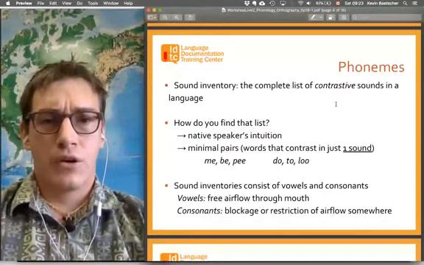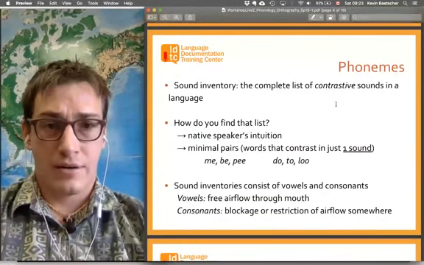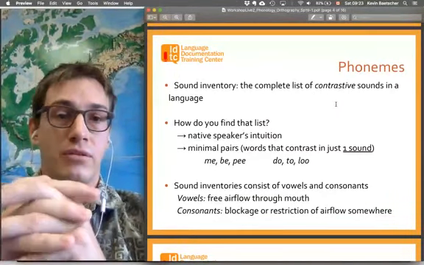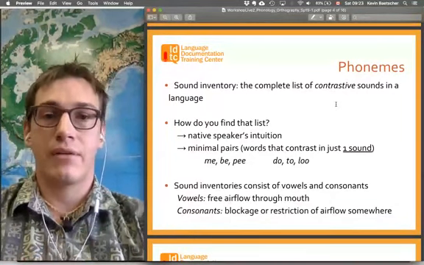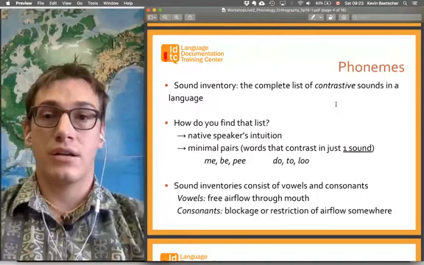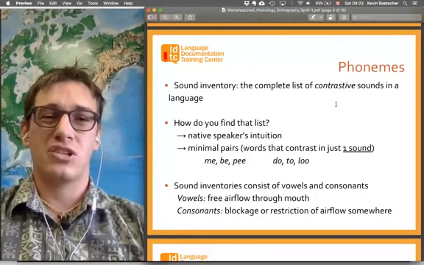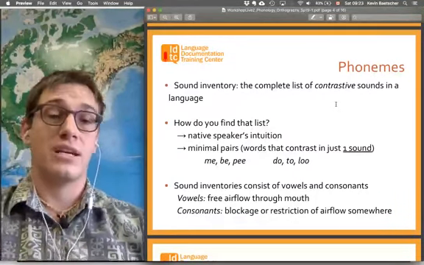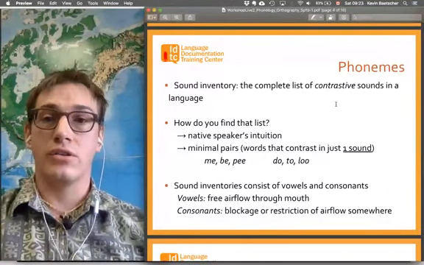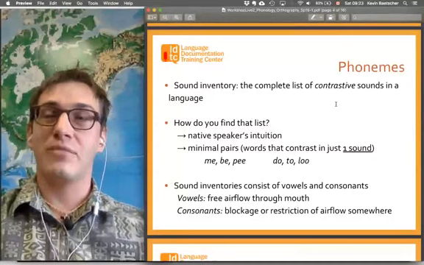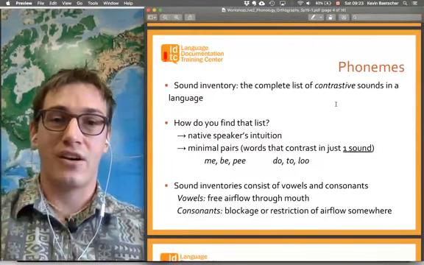So one thing I want to mention here is that, of course, you probably are familiar that sound inventories, so the phonemes of a language, consist of vowels and consonants. What's the difference between them? Usually, you just think in terms of letters, you would say, well, A, E, I, O, U, those are vowels, right? So those letters are vowels, and then the rest of them are consonants, right?